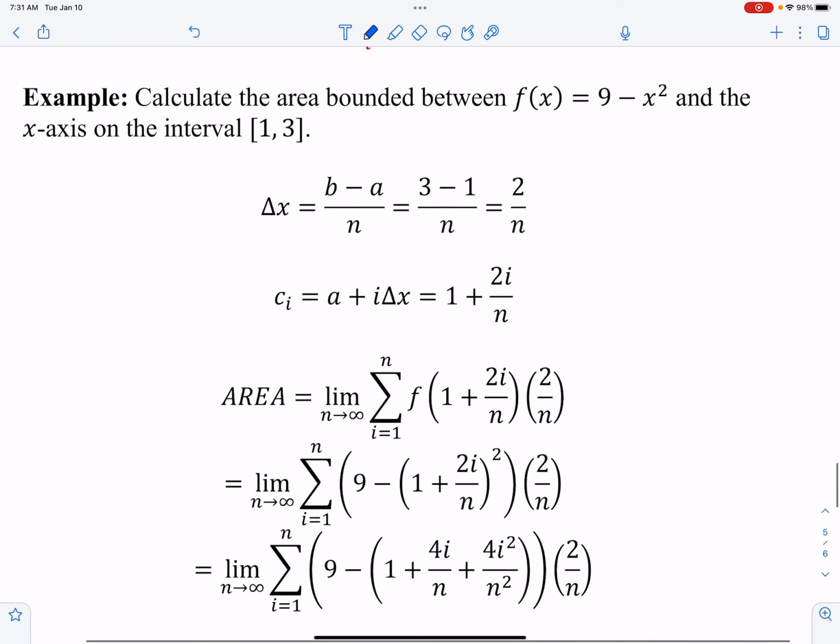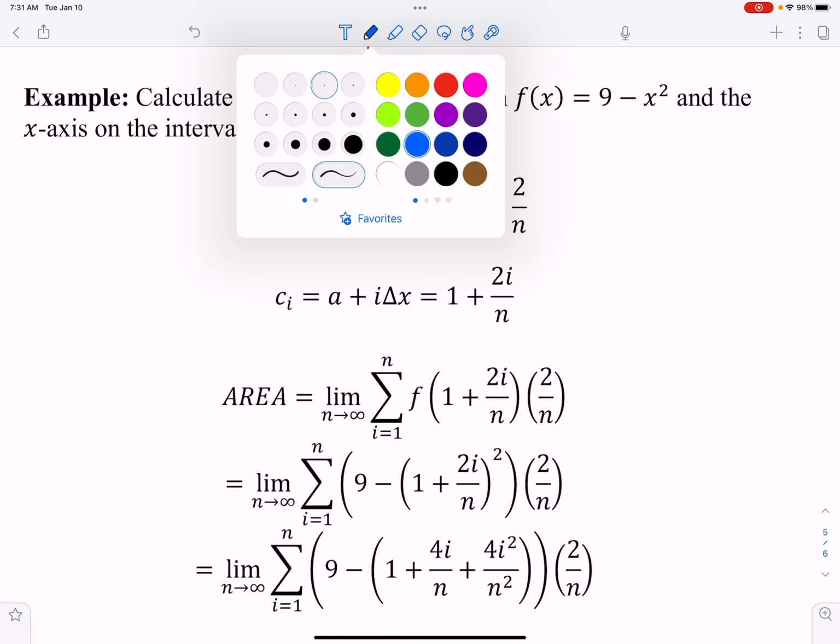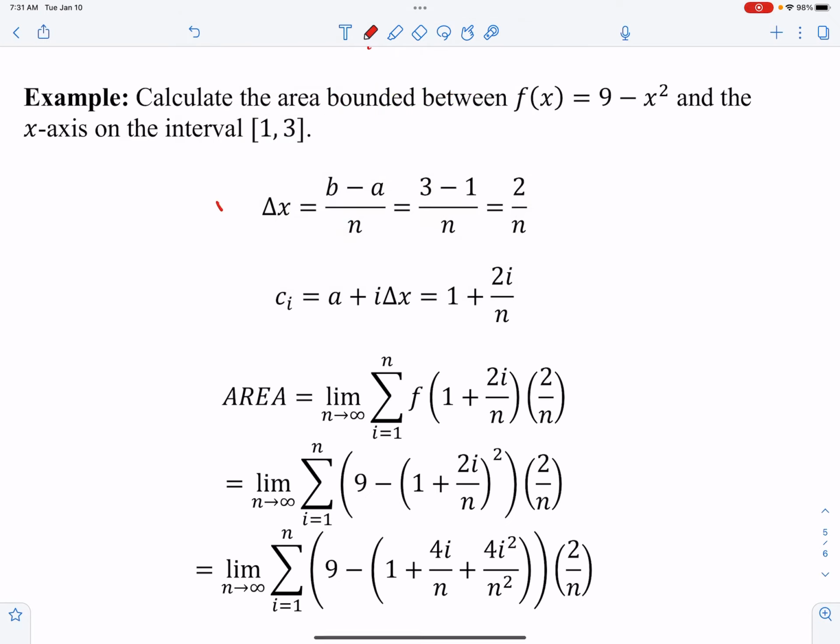Okay, so I have the work all written up for this first example. If we want to calculate the area bounded between f of x equals 9 minus x squared and the x-axis on the interval from 1 to 3, using those formulas above, delta x for n number of rectangles would be 2 over n.